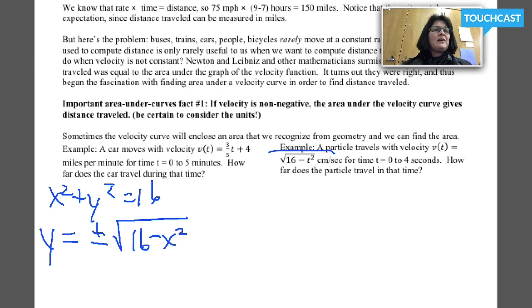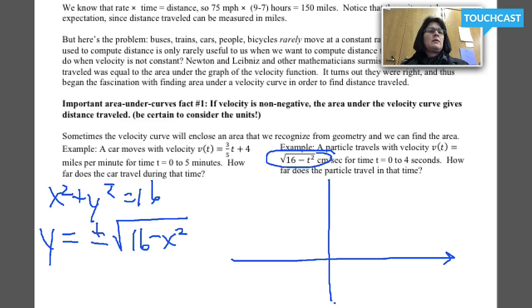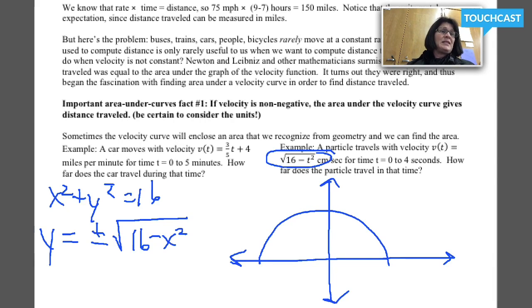So what I have here is just the top half of a circle, center 0, 0, with radius 4. When I try to draw this, a circle with center 0, 0 and radius 4 is going to touch the x-axis, but in this case it's the t-axis, at negative 4 and positive 4.